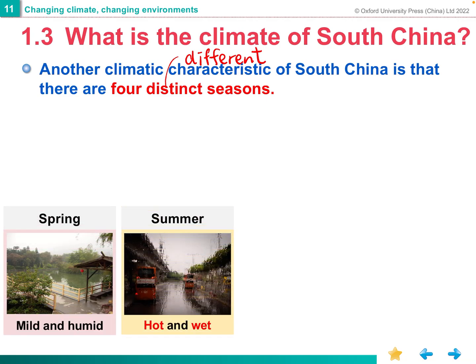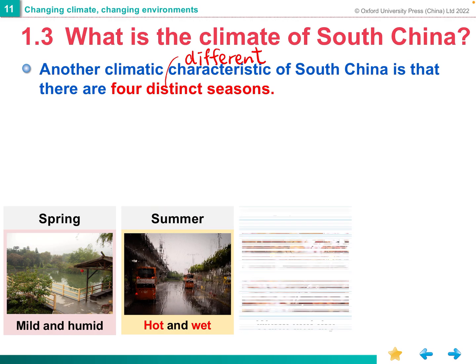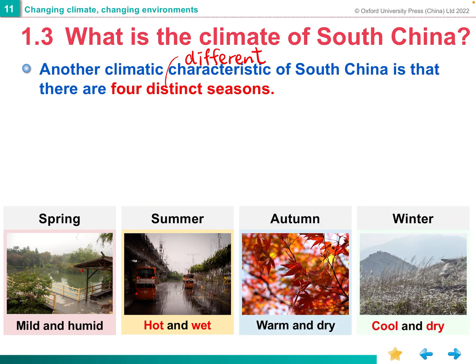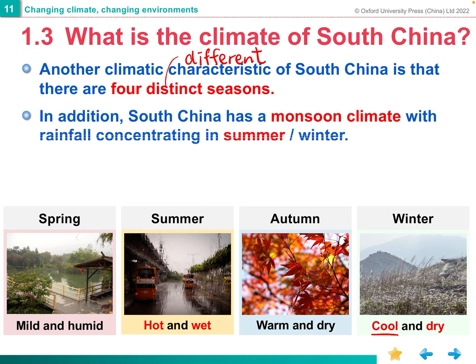So we have spring, summer, autumn, and winter. We focus more on summertime and winter time, although some argue that Hong Kong will have less winter time. So let's draw the key idea. Summer, hot and wet. Winter, cool and dry, only cool, not cold, cool only.